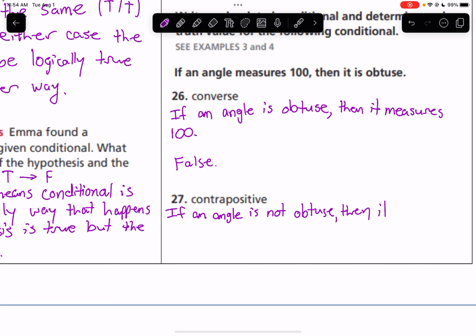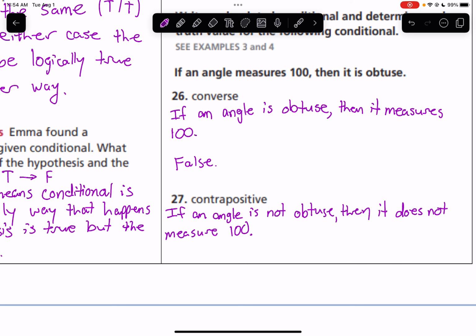Then it does not measure 100. And of course, those contrapositive truth values can be kind of difficult just to read and parse through the sentence with all these negations.